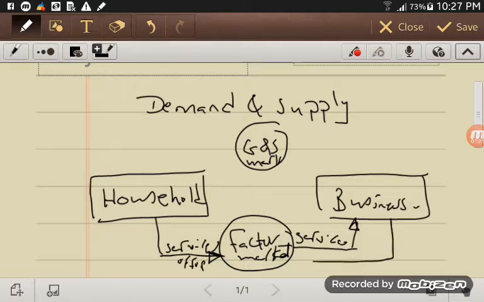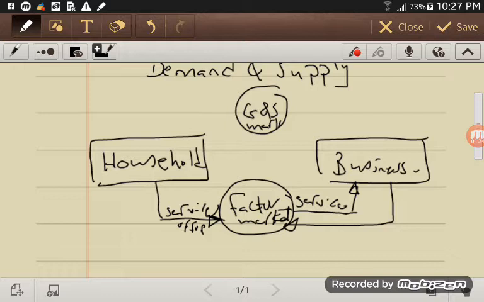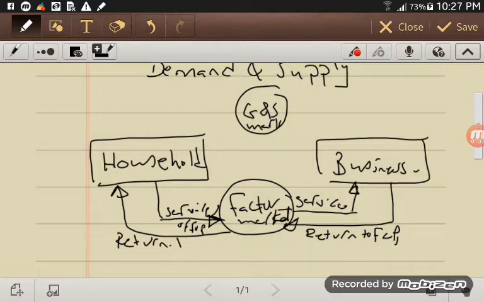And they are going to get return to factors of production. So with respect to capital, return will be interest. With respect to labor, it's wages, and so on.